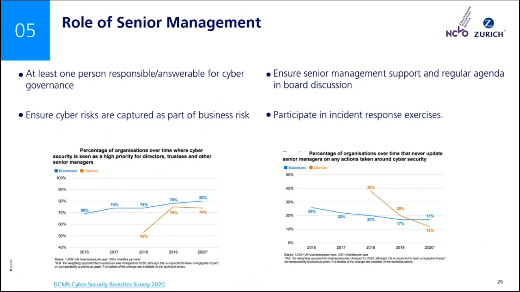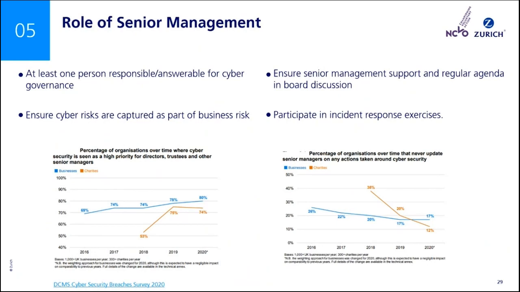That has increased from 2018. 2018 was 53%, then it went to 75%, and then 74%. I don't know why there's a drop of 1%. But obviously the increase from 53% makes sense, because that's where GDPR kicked in, so people started taking things much more seriously.